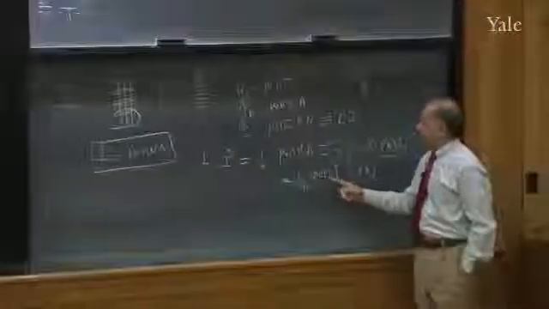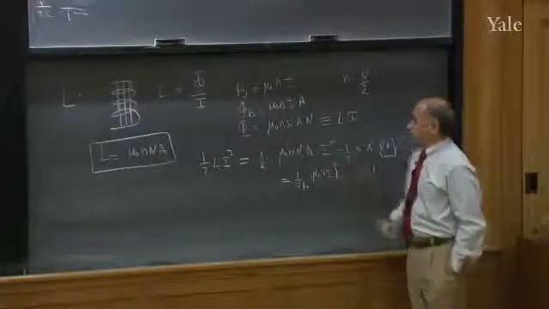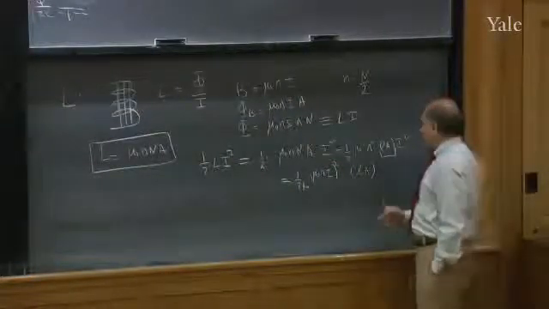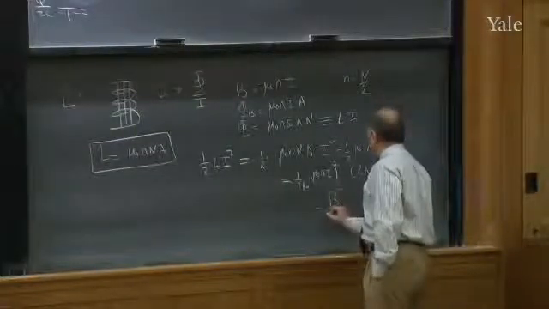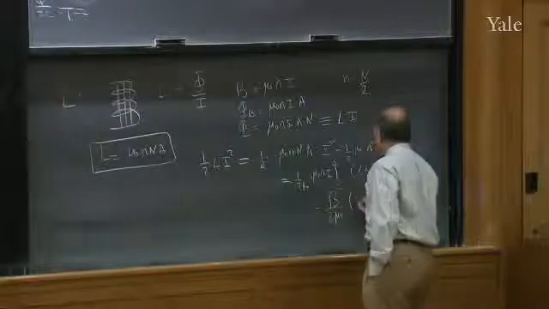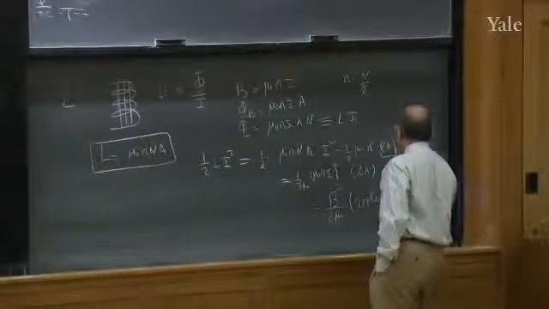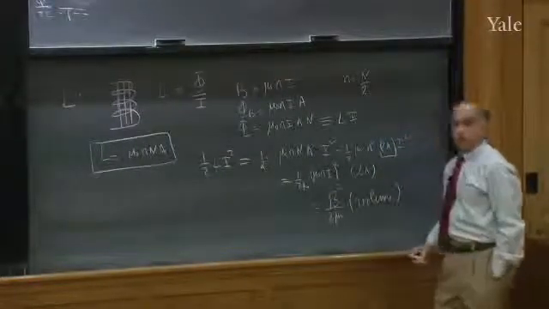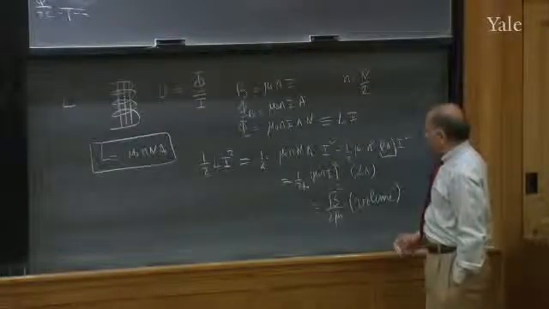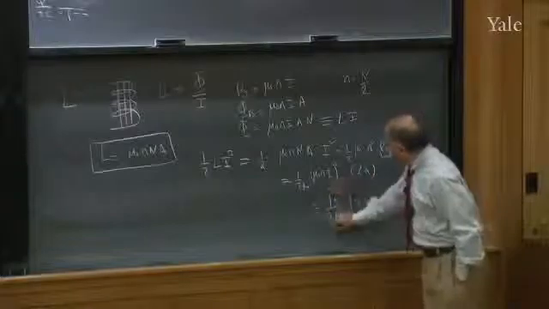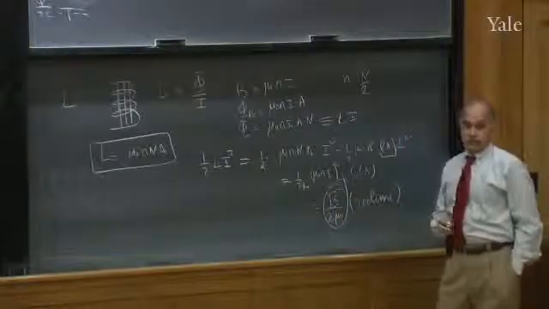But who is mu 0 n I? Mu 0 n I is the magnetic field. So this looks like B squared over 2 mu 0 times the volume of the solenoid. From that we learn that when you have a magnetic field, the energy is B squared over 2 mu 0 per volume.